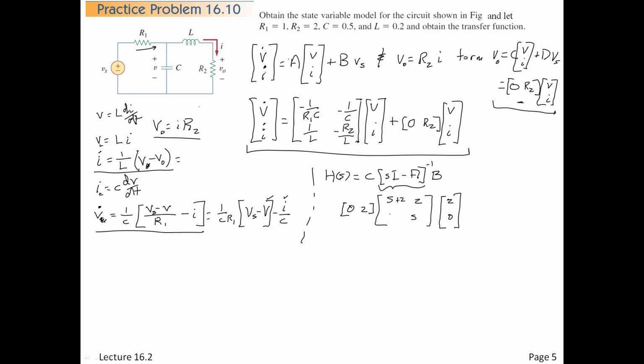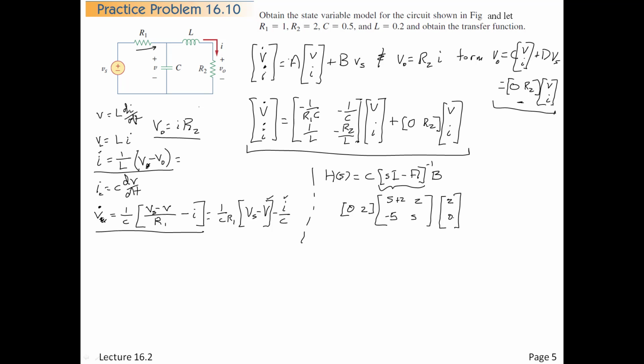And down in the lower left here, we've got 1 over L, and L is 0.2, so that looks like 5, and that will be minus 5, right? So minus 5. And in the lower right corner, we've got R2 over L, which is 2 over 0.2, so that looks like it's probably going to be 10.